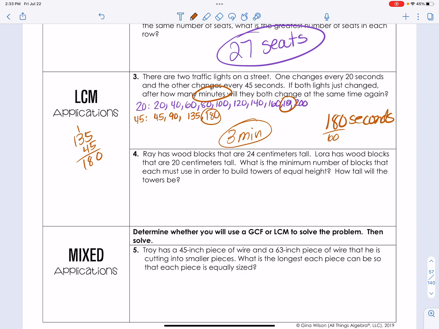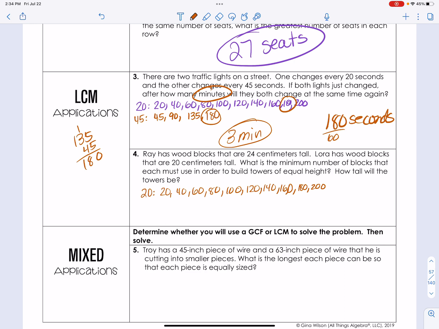Okay. So I would like you to try number 4. Okay, on number 4, this one is kind of hard. If I do 20, I would have 20, 40, 60, 80, 100, 120, 140, 160, 180, 200.